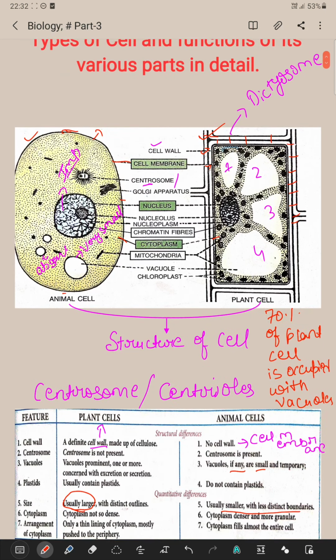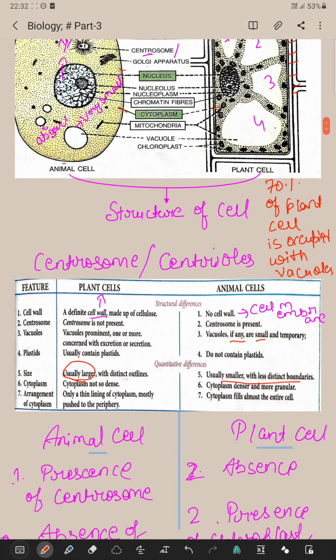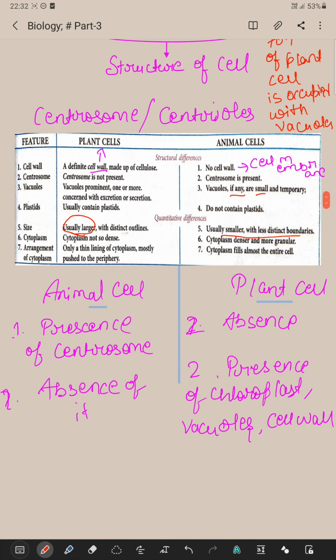So in plant cell you will see a very small amount of cytoplasm because of the presence of plastid, mitochondria, nucleus and vacuoles, which fill up the space. But in animal cell all the components look so small that most of the space is occupied by the cytoplasm. So this is the brief description.